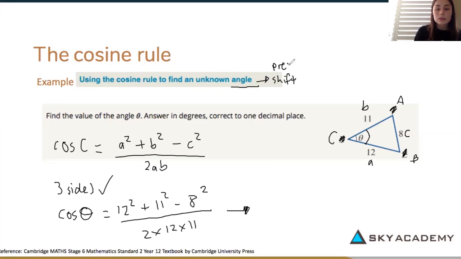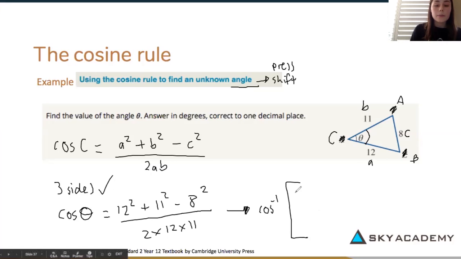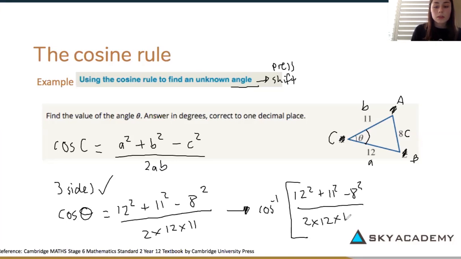Press shift. And so we're going to press shift cos, and it's going to come up with cos -1. And then we can put our formula into the calculator. There we go, and that is going to give us our answer.